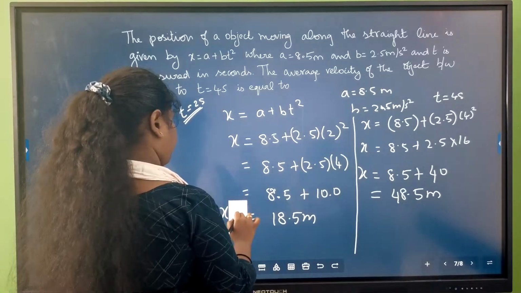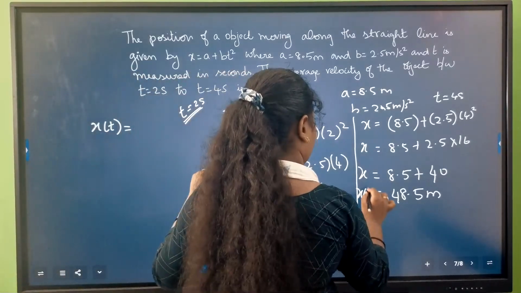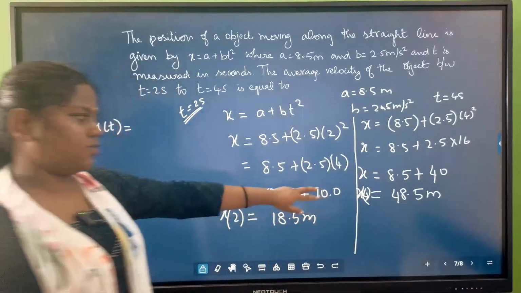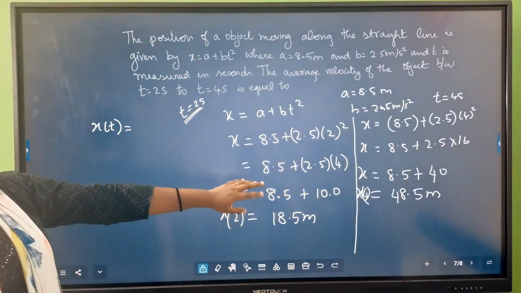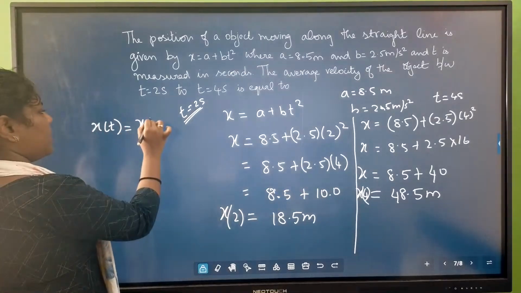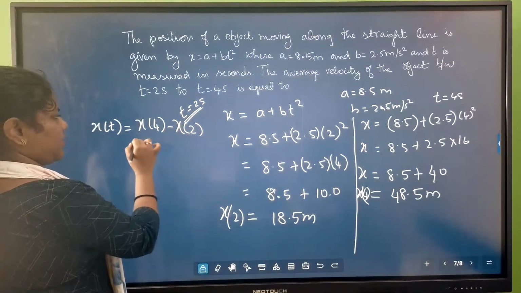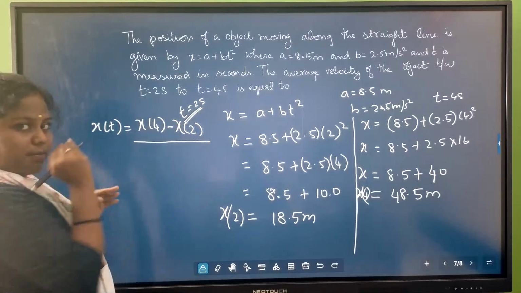For 2 seconds it is x of 2, and this is x of 4, because we have substituted 4 for t. So x of 4 is our final position, minus x of 2, our initial position, divided by time.